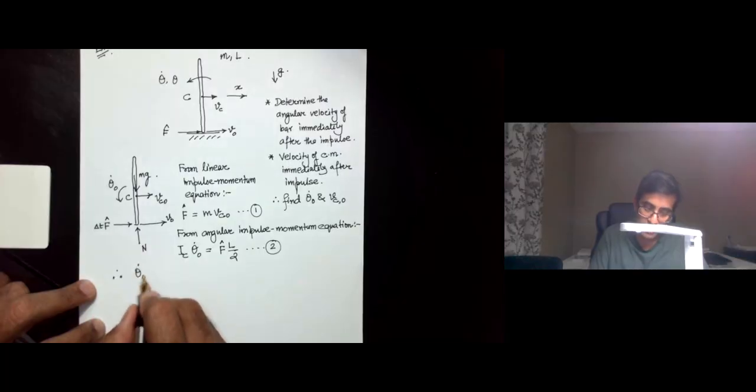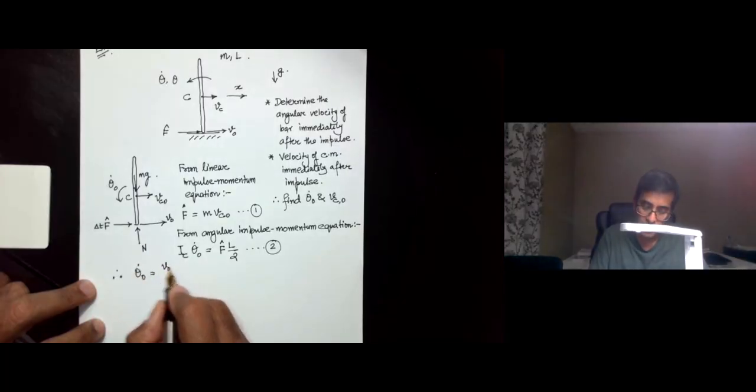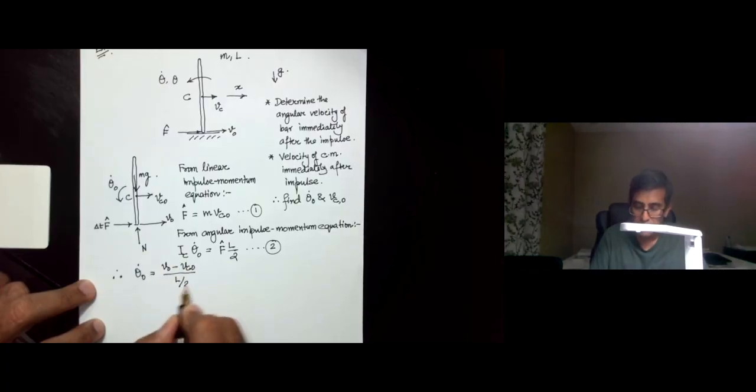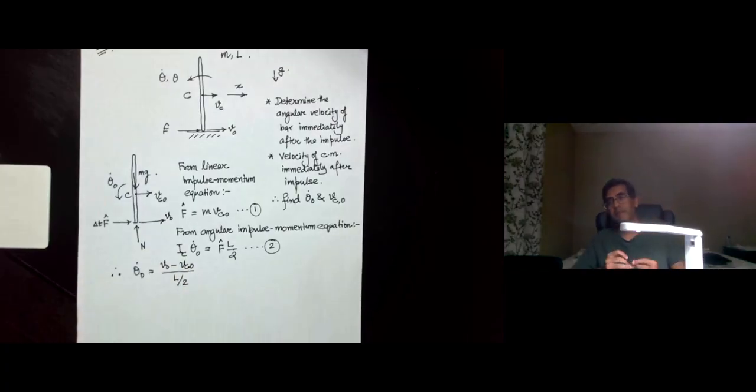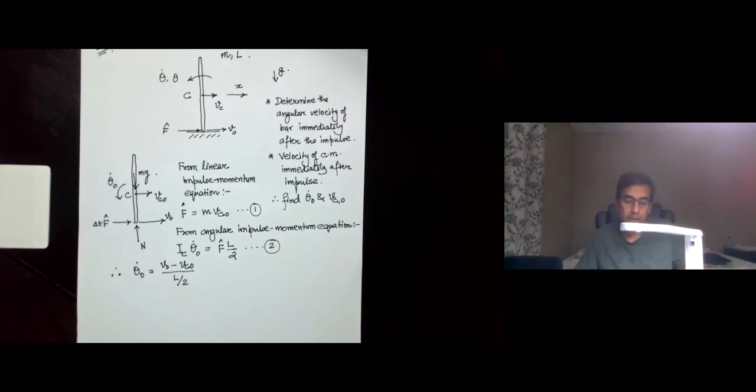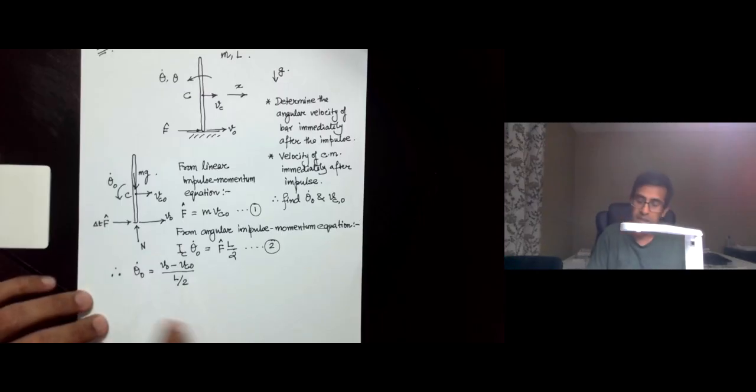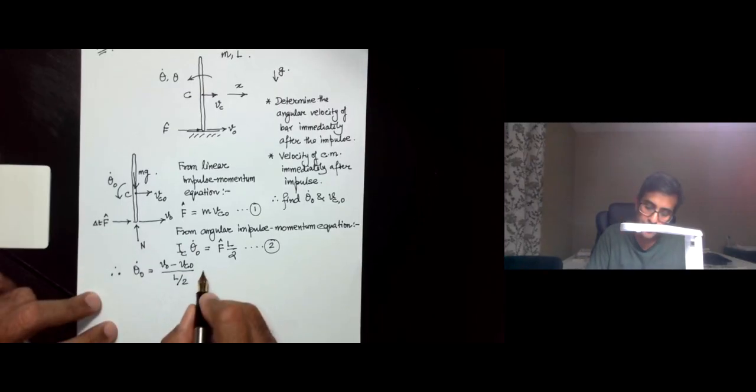Therefore theta dot 0 can also be represented as v naught minus vc naught divided by L by 2. We know the velocities of two points on the rigid body, and if the velocities are parallel, then the difference of the velocity divided by the perpendicular distance gives us the angular velocity. So this is our third equation.